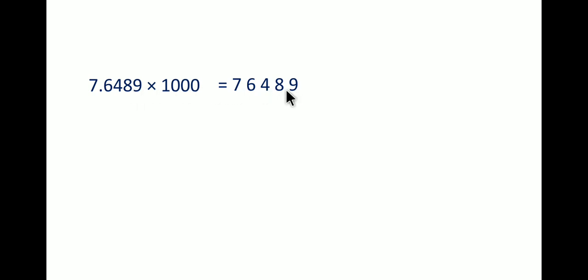So the decimal is written out here. So now the answer becomes 7648.9. So clearly here we can understand that when it is multiplication by numbers like 10, 100, 1000, 10,000, 1 lakh and so on, the decimal will shift towards right.